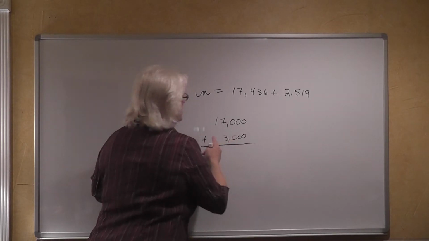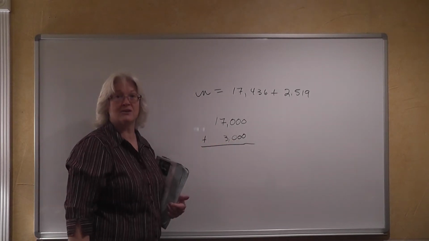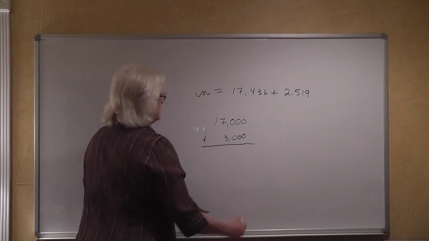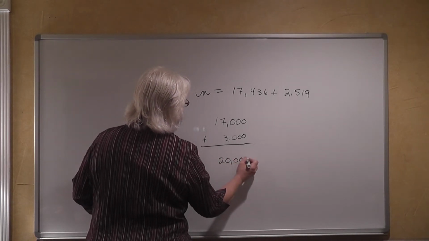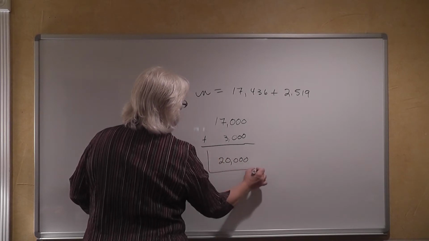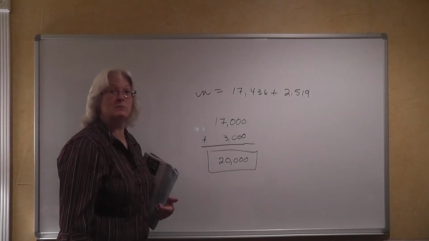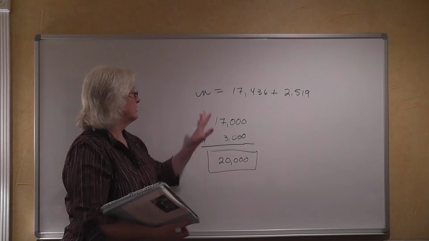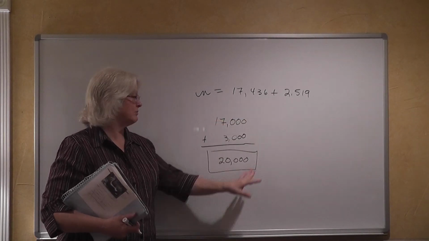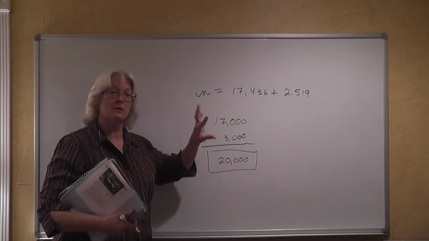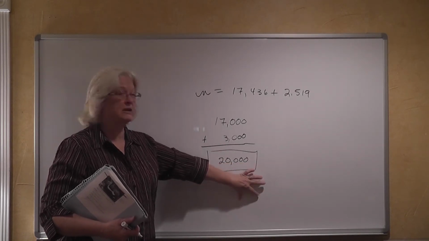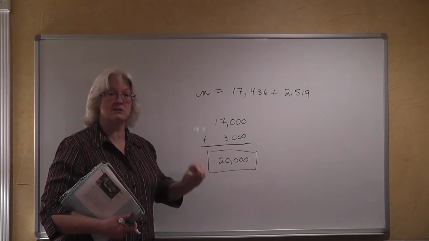This number is closer to 3,000 than it is to 2,000. Now we have a very easy estimation of what this sum is when we round. We get about 20,000.